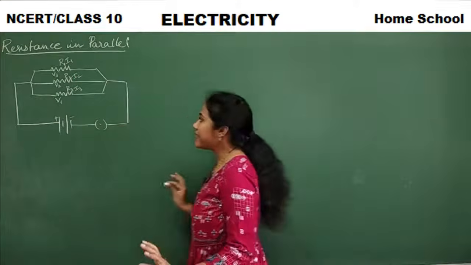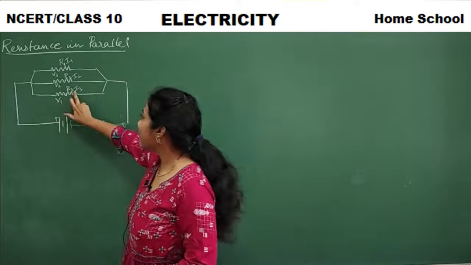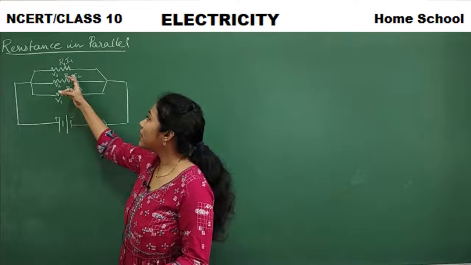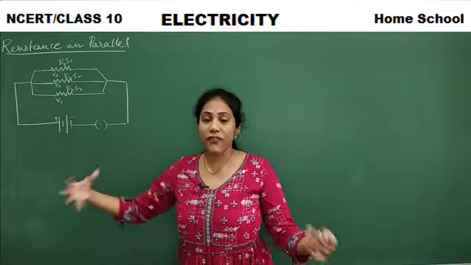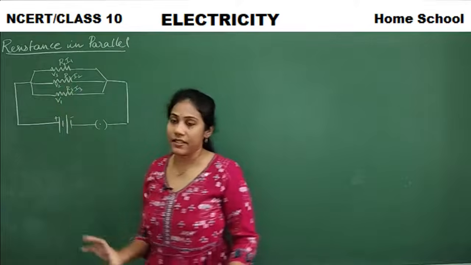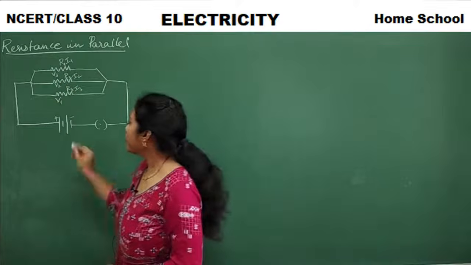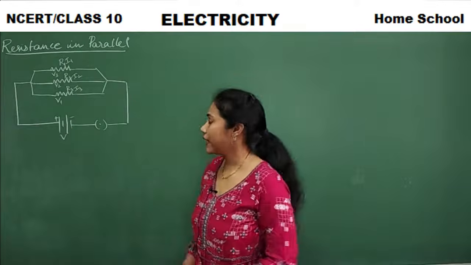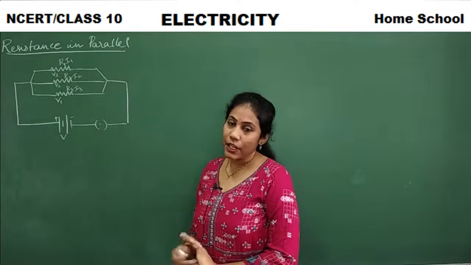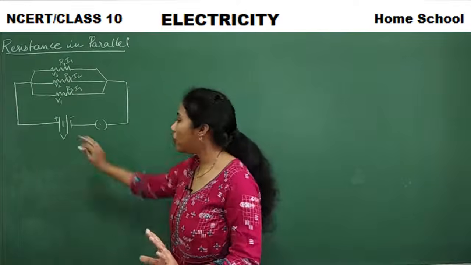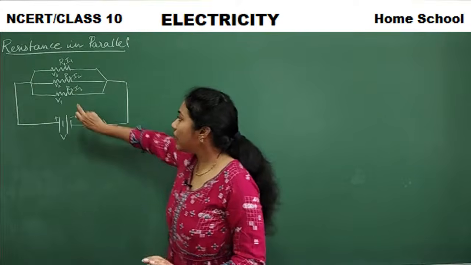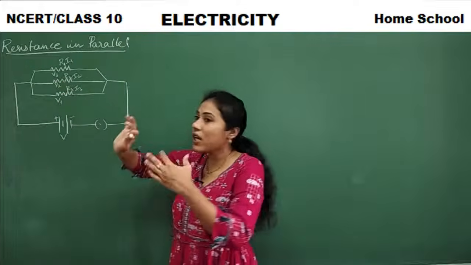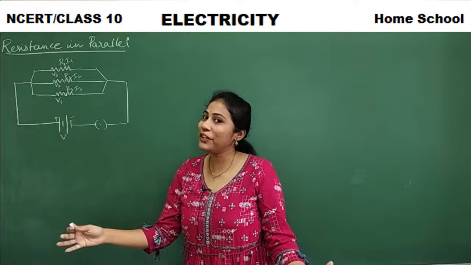Now let us discuss which factor remains the same throughout the three resistors, and which factor is different across the resistors. The total voltage of a circuit, let it be V. Now what happens for the voltage in this circuit? Will it remain constant throughout the three resistors, or will it be different?